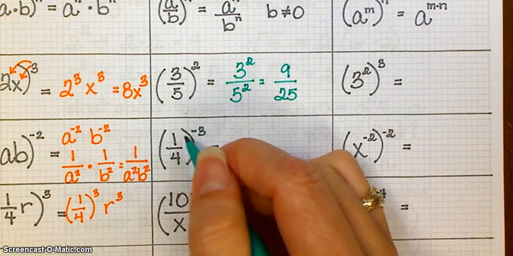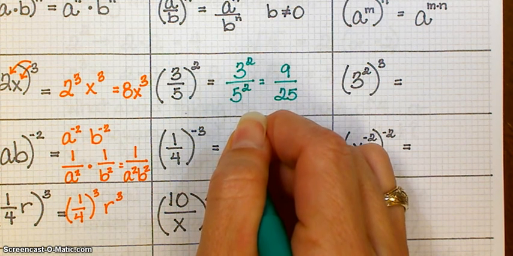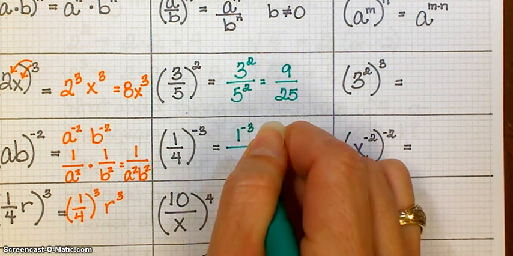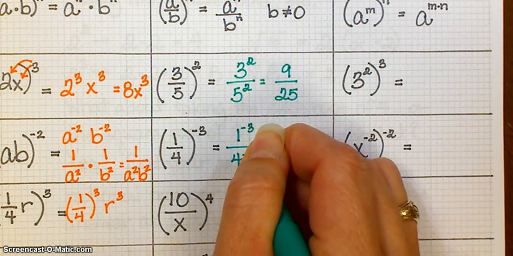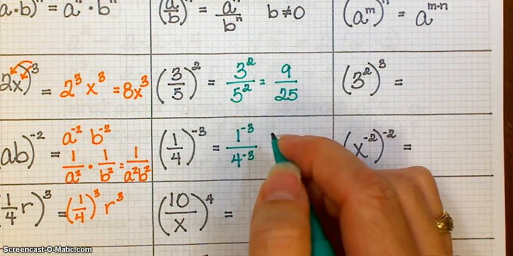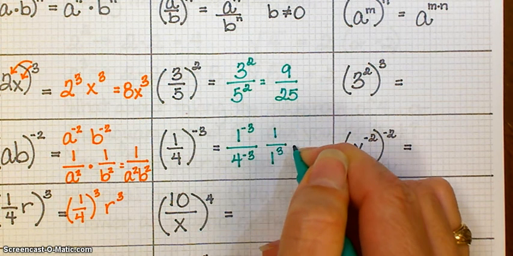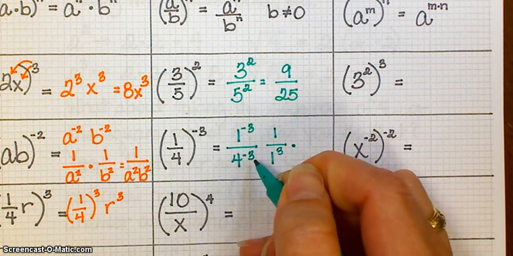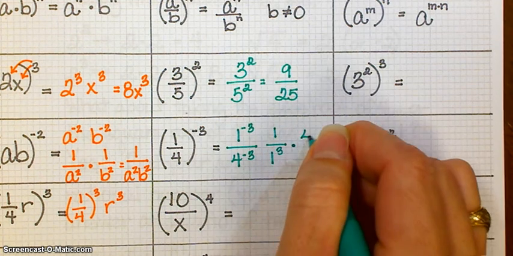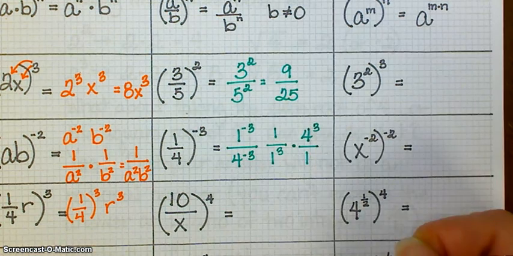Okay, 1/4 raised to the negative 3 power. That is 1 to the negative third divided by 4 to the negative third. 1 to the negative third really is 1 over 1 to the third. 4 to the negative third is on bottom, so we flip it, and that becomes 4 to the third on top, and we just put the 1 as a placeholder.